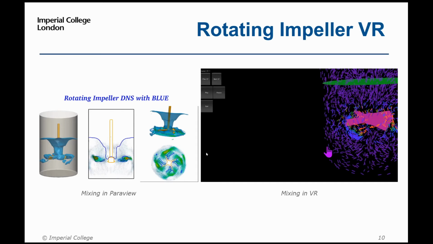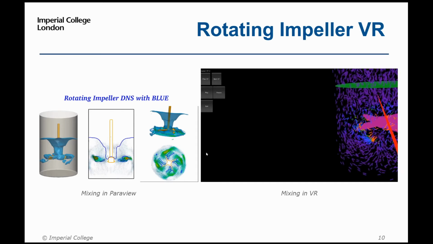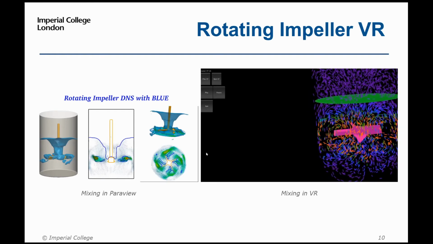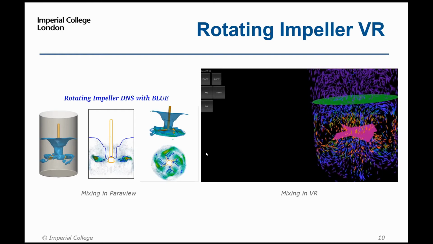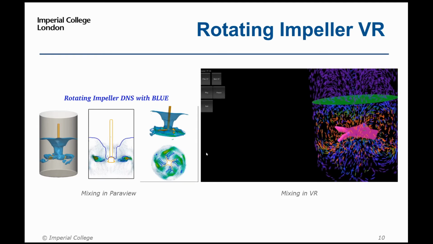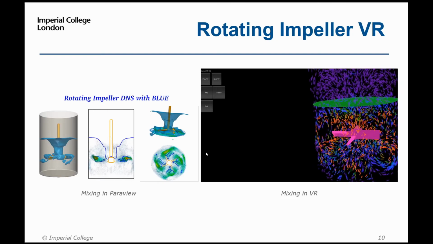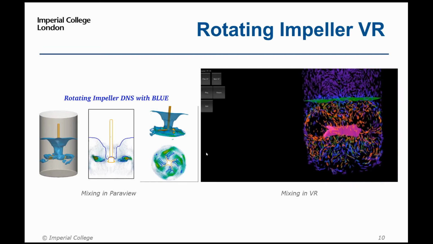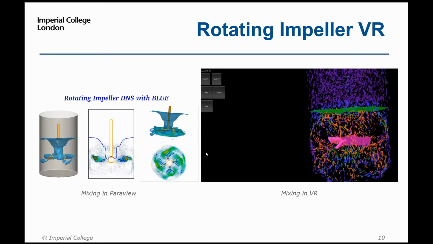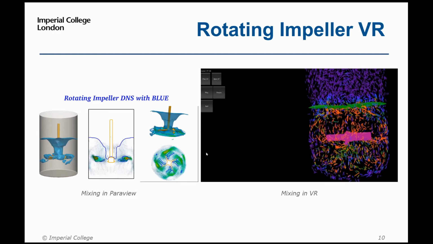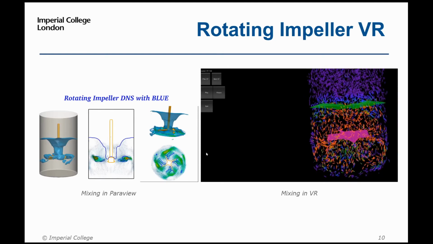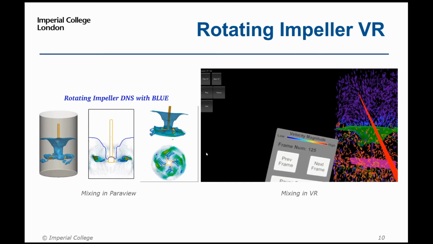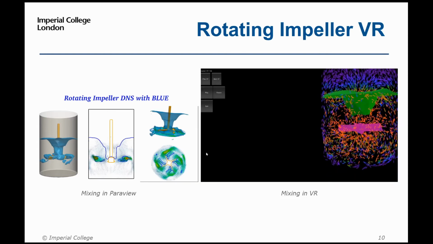The right-hand side shows the VR visualization. The red color represents high magnitude and the blue color represents the lower magnitude.